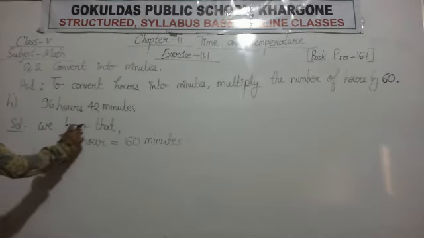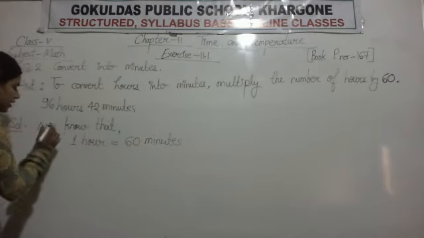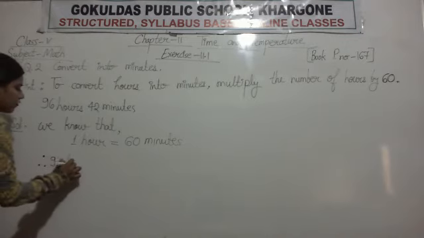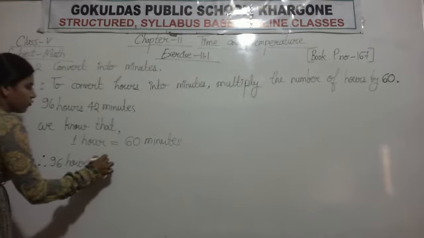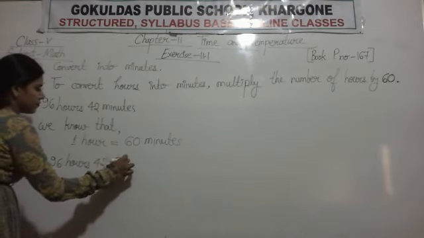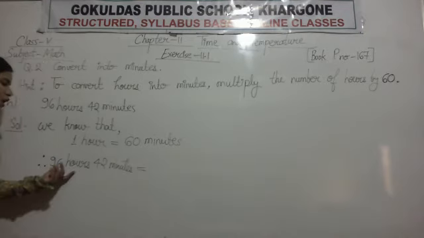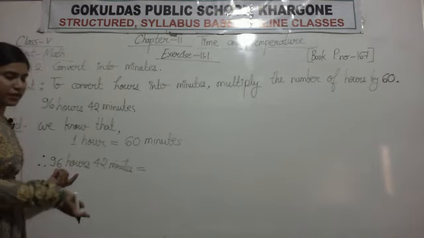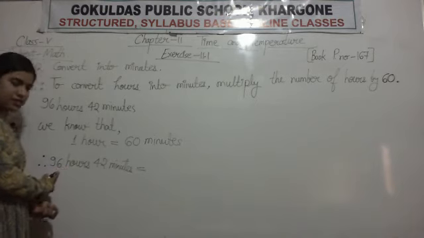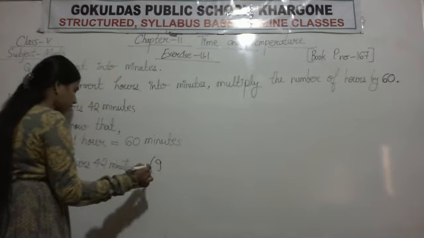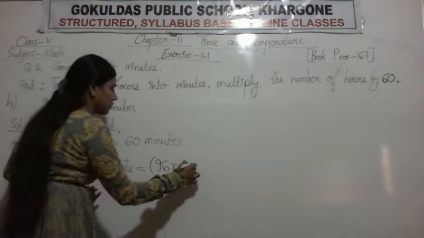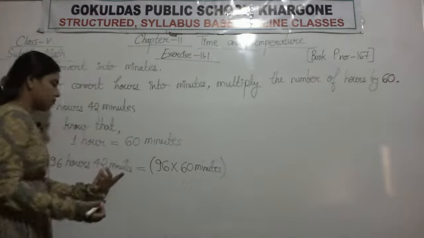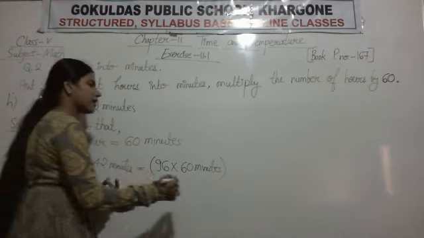We know that 1 hour is equal to 60 minutes. Therefore 96 hours 42 minutes will be equal to, bracket open, 96 multiplied by 60 minutes, bracket close, plus 42 is already in minutes, so write plus 42 minutes.